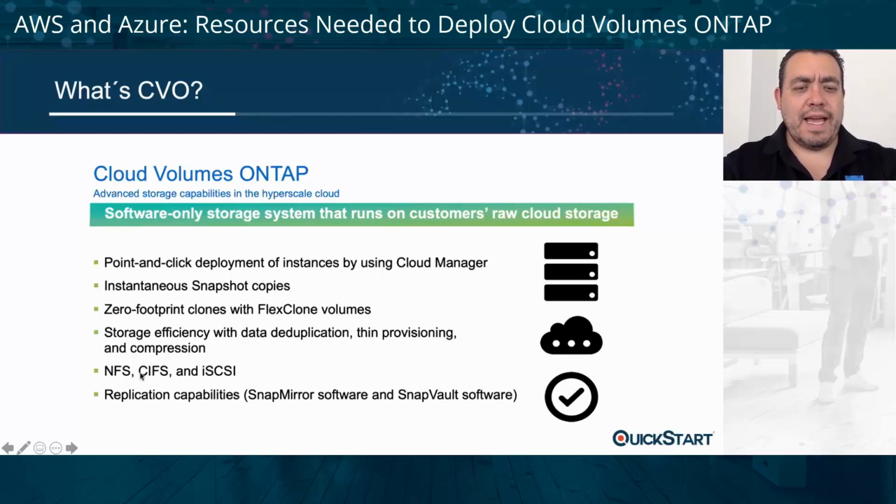You can see we have NAS and iSCSI, and then also we can enable replication with SnapMirror and SnapVault. So it's like a VM, let's say, an EC2 instance that we can deploy on the public cloud, and then we can do almost anything that you can do with any ONTAP software.